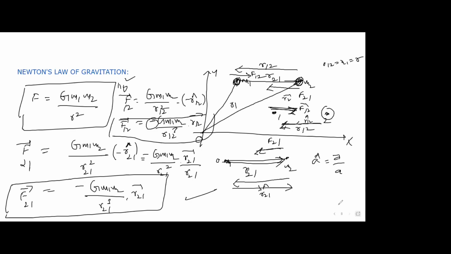In gravitational terms, what does it mean? 1 is attracted to 2, or here 1 is bound. This is the force on 1 because of 2, and its position from 2 is like this, so it is bound by the gravitational force of attraction. Okay, that's the meaning of your negative symbol.